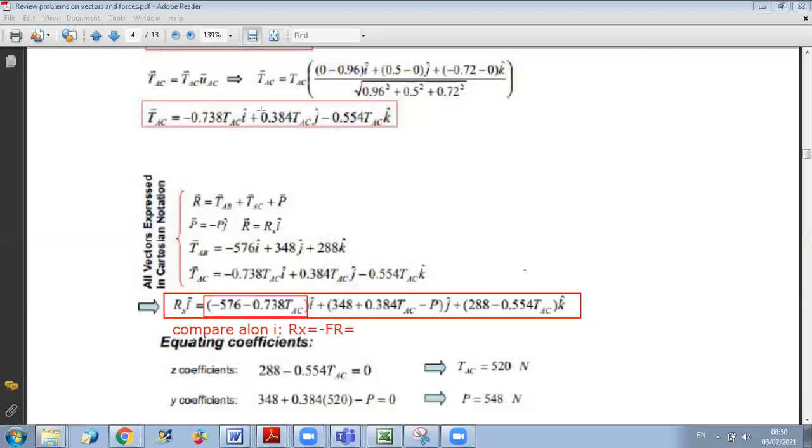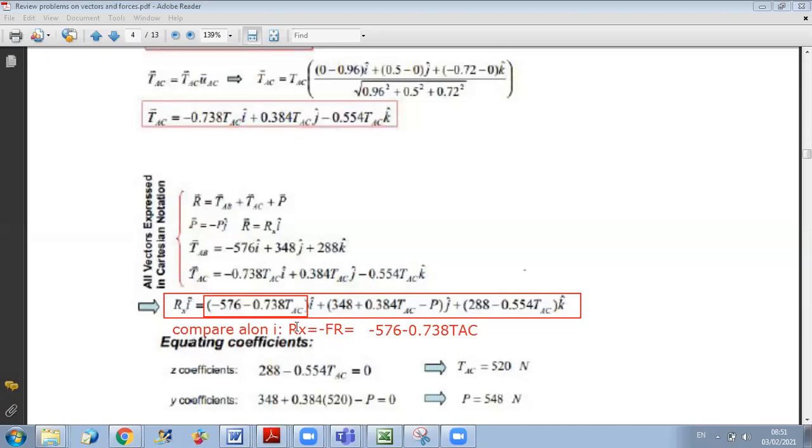So I can put that Rx is minus 576 minus 0.738 TAC. And look, it's very direct. You can directly see that Rx is negative, while FR is positive, because FR is plus 576 plus 0.738 TAC, since you have a minus here.